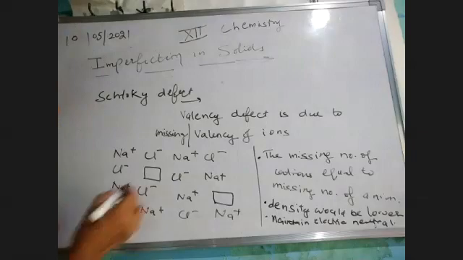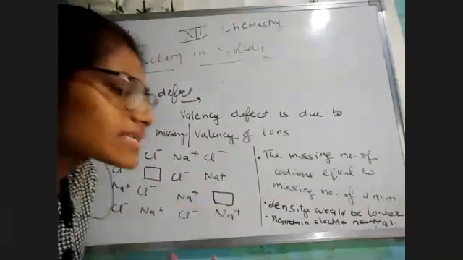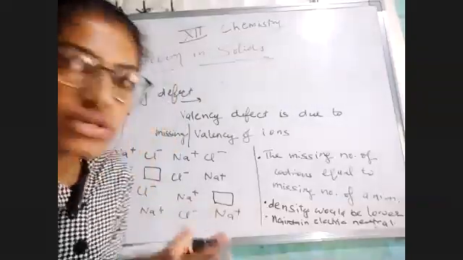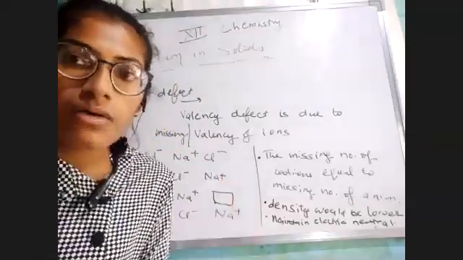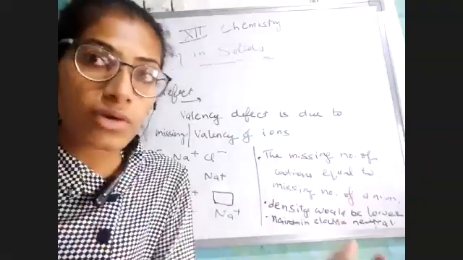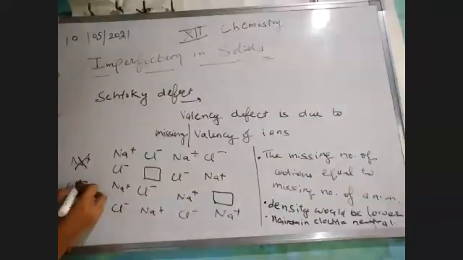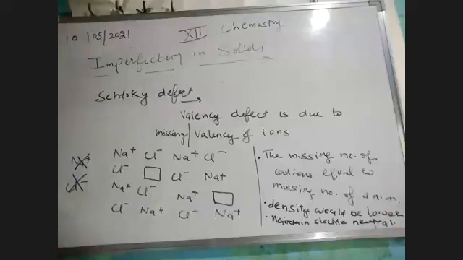If I am saying the positive charge is missing, so to maintain it completely electrically neutral, इसकी neutrality को maintain रखने के लिए, to make it completely neutral, not only positive, not only negative, we are removing a Cl negative also. A Cl negative is also removed. Okay?